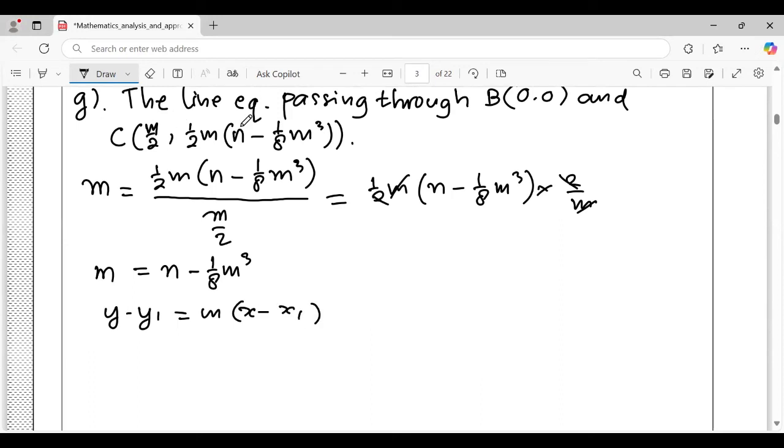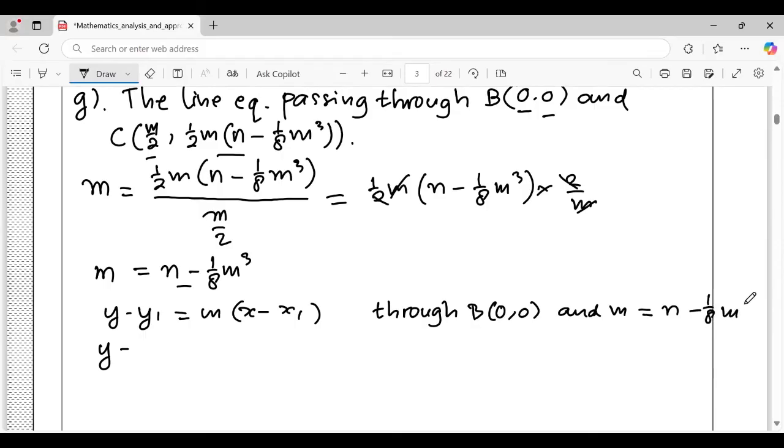But better, go through 0 and 0, through B, with gradient n minus 1 over 8 m cubed.